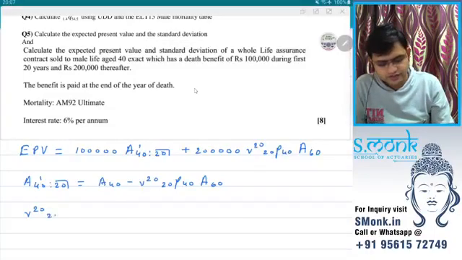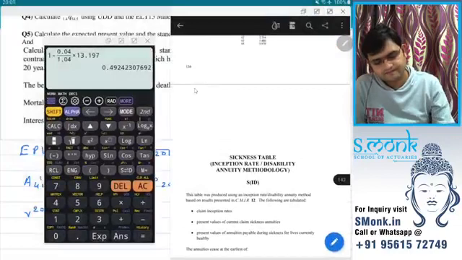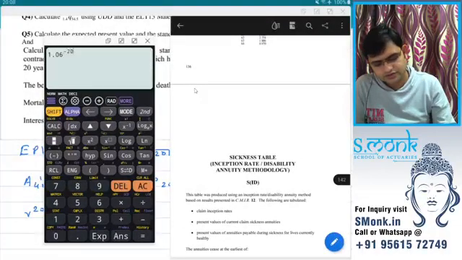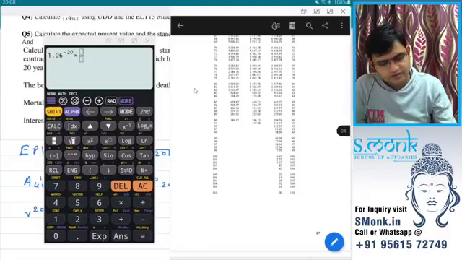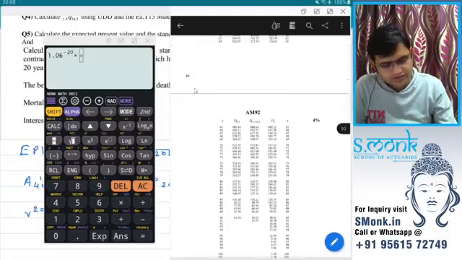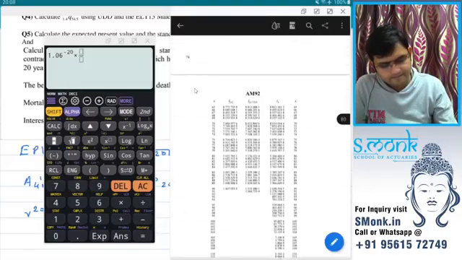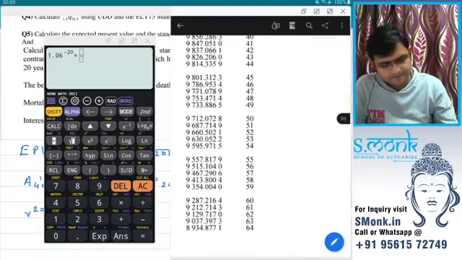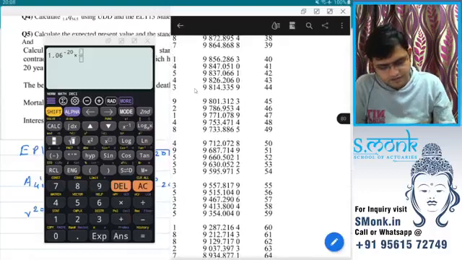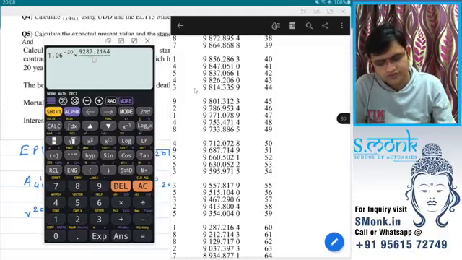Let's calculate v raised to 20, 20p40 for 6%: 1.06 raised to minus 20, into, now we'll go to the L table, L60 by L40. 69,287 into 16,449,856.63.